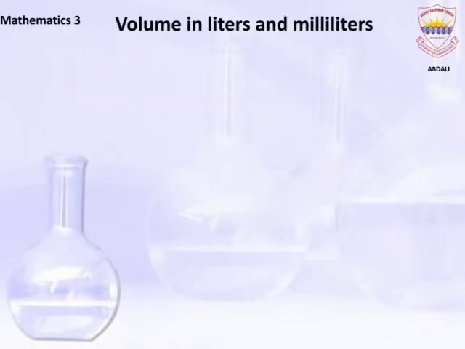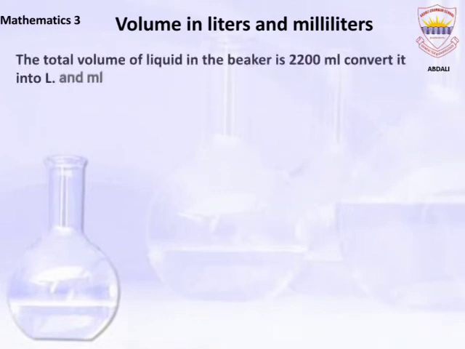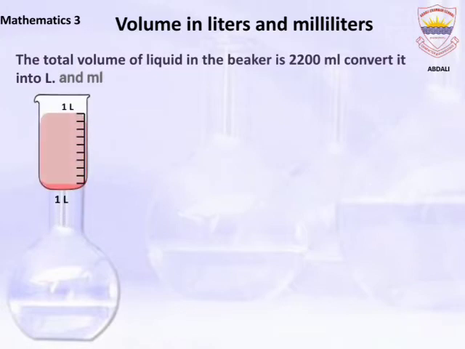Now students, let's convert the volume of a beaker into liters and milliliters. The total volume of liquid in the beaker is 2200 milliliters, and we convert it into liters and milliliters.